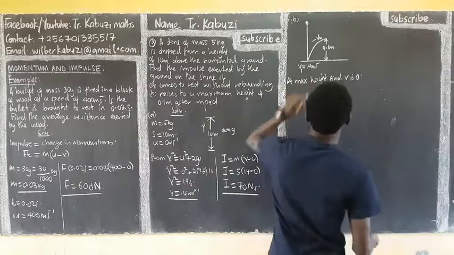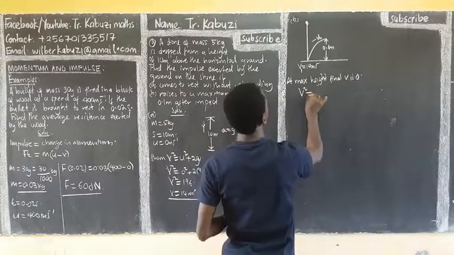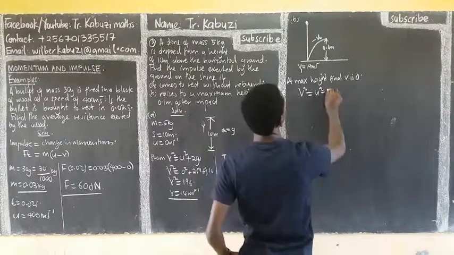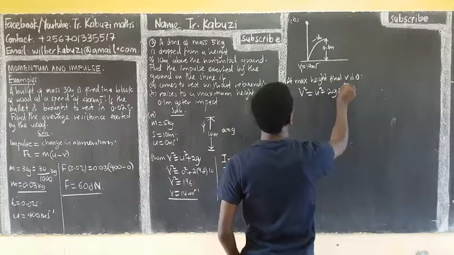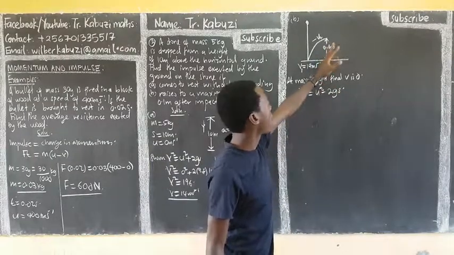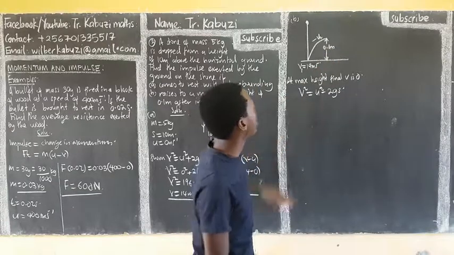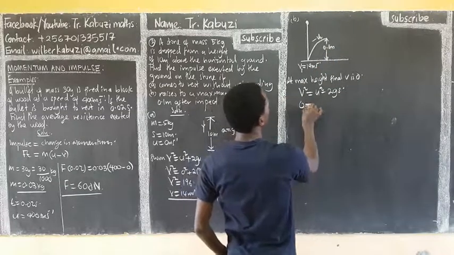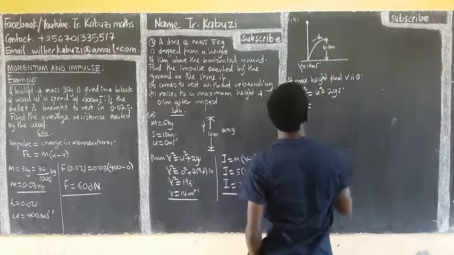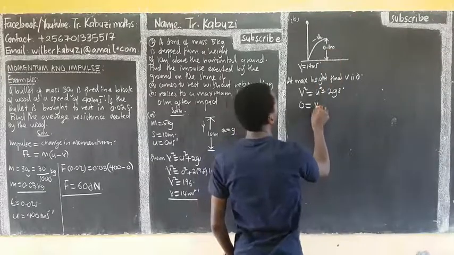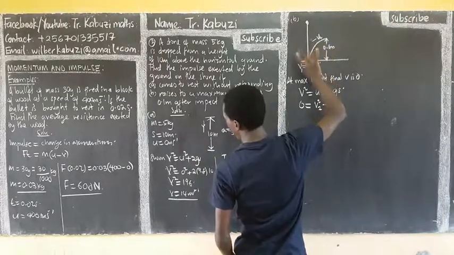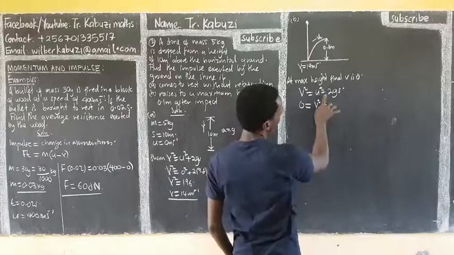So now we know that from V squared equals U squared minus 2ds. So the distance, you want to cover this distance here. From there, this one is going to be 0 equaling to, let us call this our V2, V2 squared minus, because it's going against gravity, that's why we have a negative here.